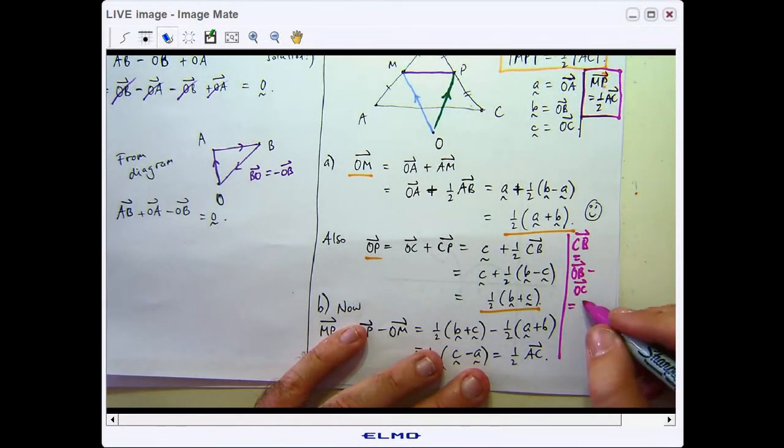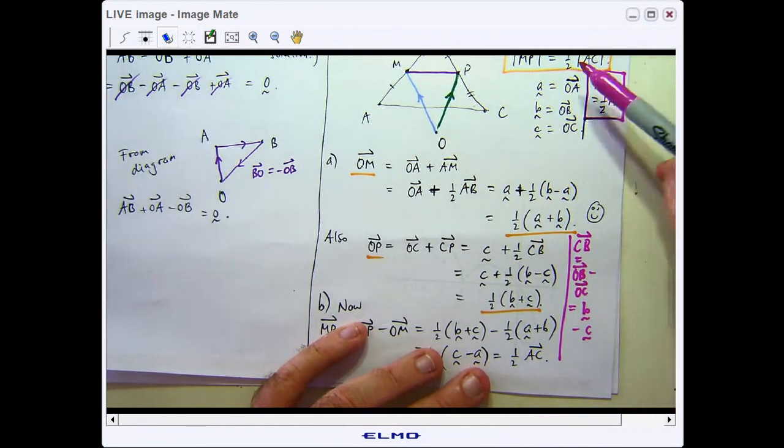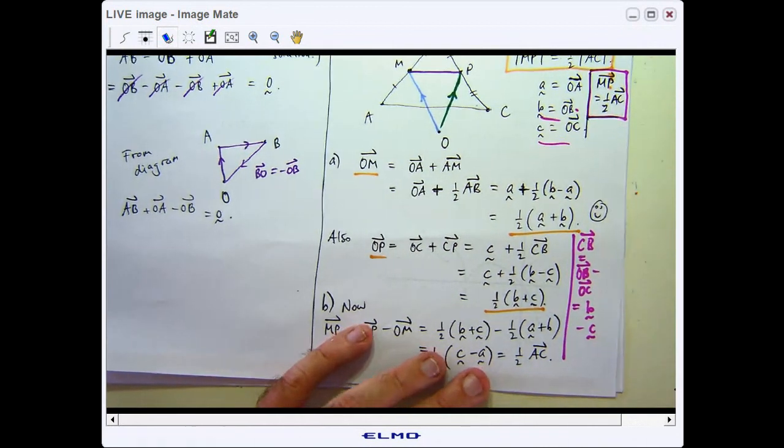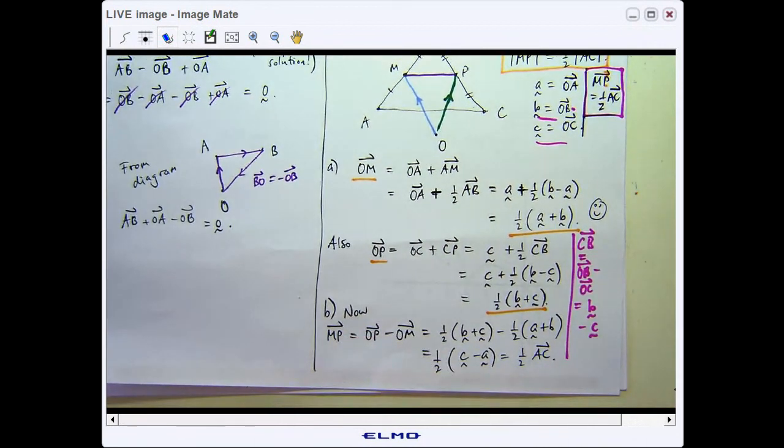So that is just b minus c, because OB is defined to be that, OC is defined to be that. Does that make sense, Alison? You wouldn't use b plus c, because the vector from C to B isn't b plus c.